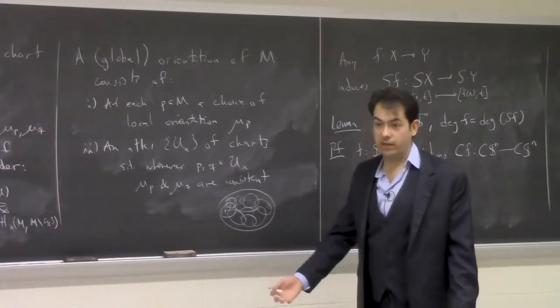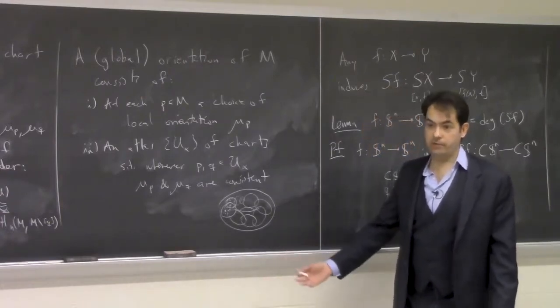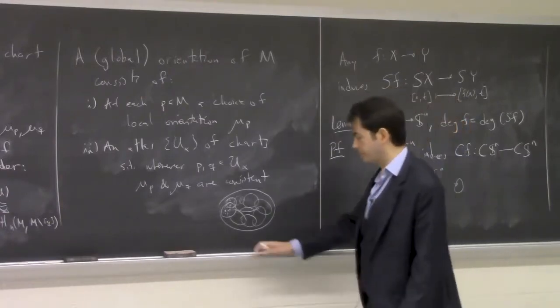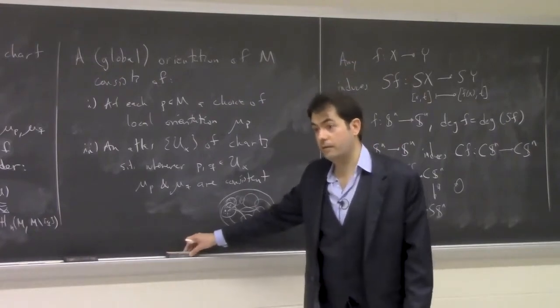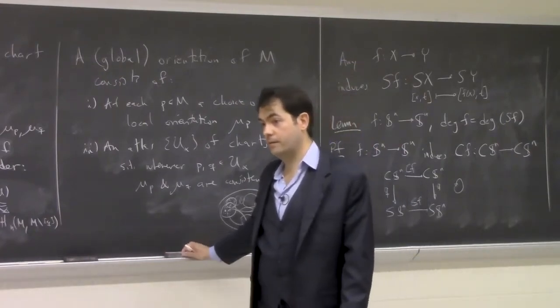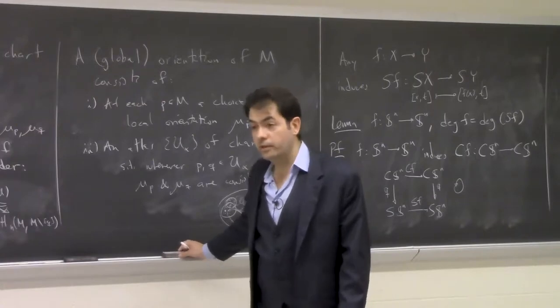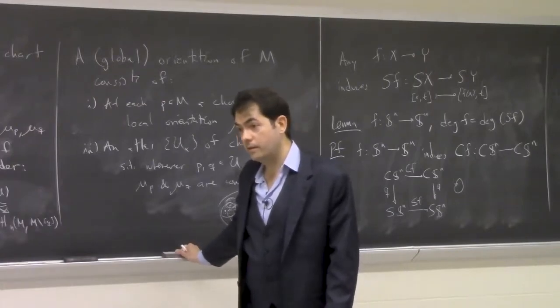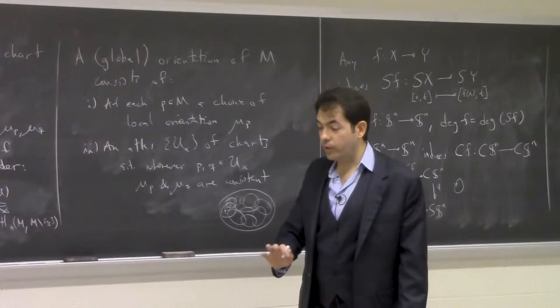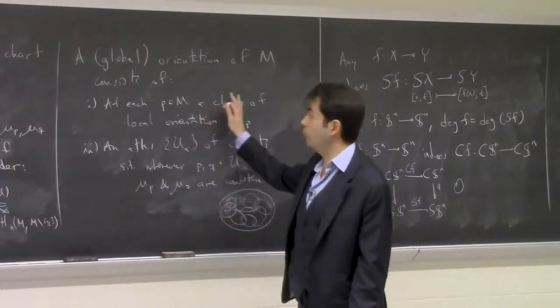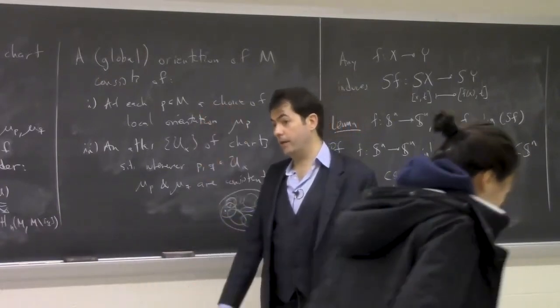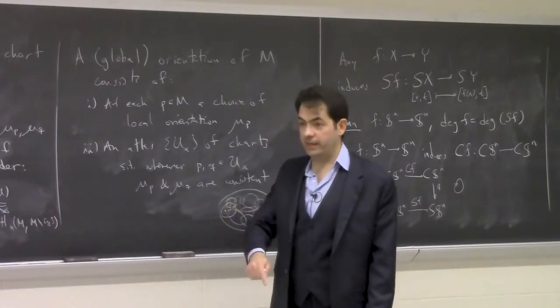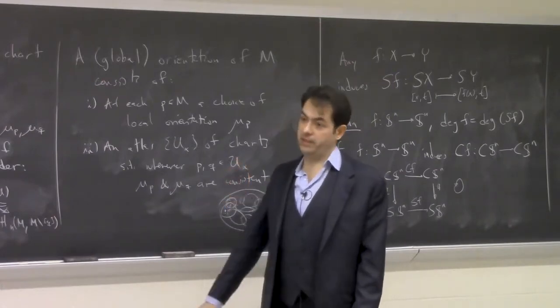So as an easy exercise, check that the Mobius band is not orientable. And then for singular homology, the local orientations don't need to be the same? For singular homology, when we were doing the orientation, no, we never asked for any sort of global orientability. We were just saying, every time you use a simplex, you're using an oriented simplex.